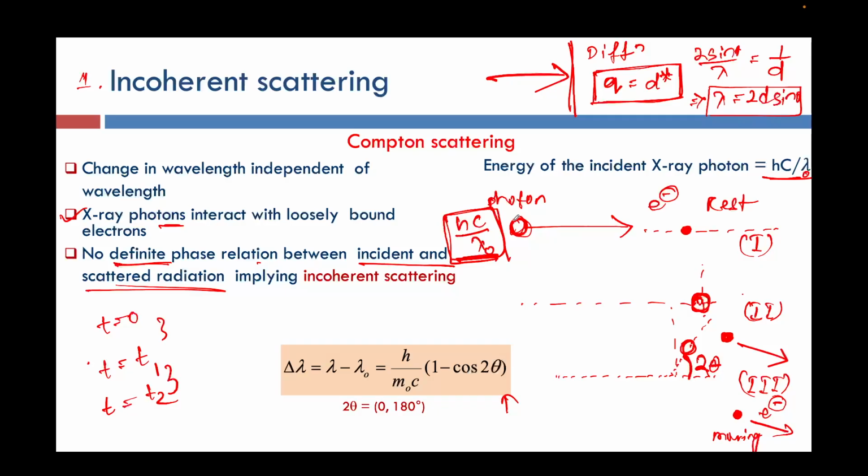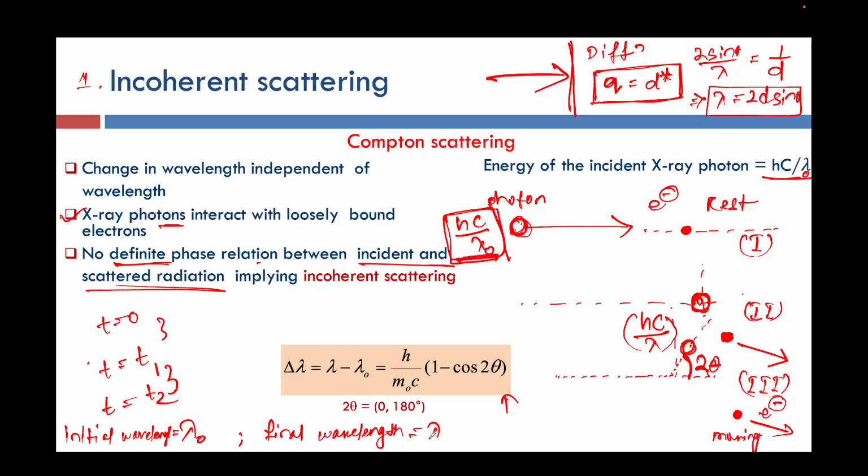The reduced energy is hc by lambda. So initially the wavelength of this photon was lambda naught, the initial wavelength. After scattering, the final wavelength is lambda.